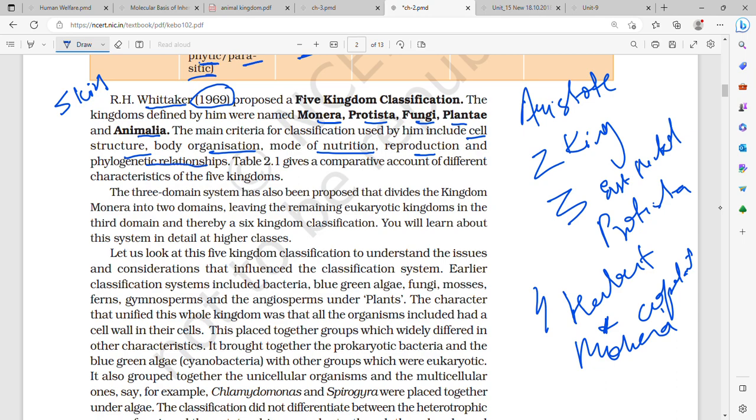The three domain system has also been proposed, which divides kingdom Monera into two domains, that is Archaea and bacteria, and the rest are Eukarya.